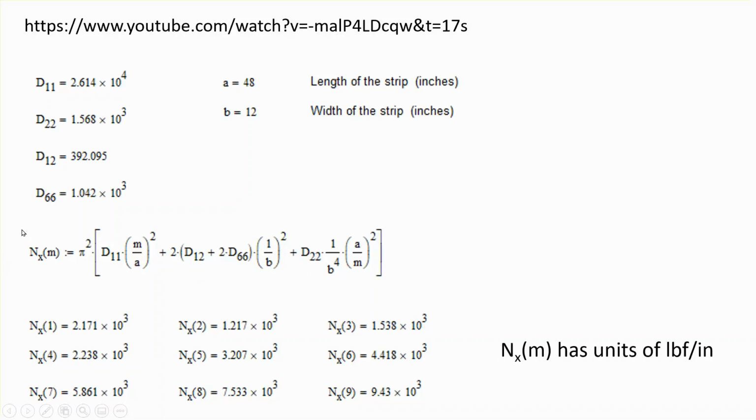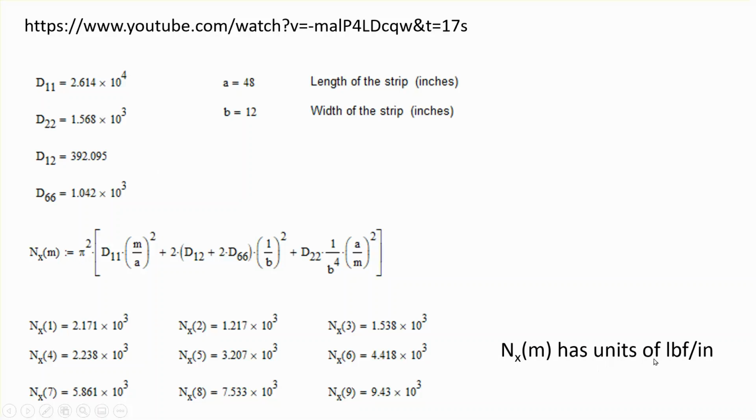Now in there it shows you that the critical compressive forces are given by that expression, which incidentally, if you calculate D11, D22, etc., these are bending stiffnesses, and then plug in m equal to 1. You're going to get a particular critical value.